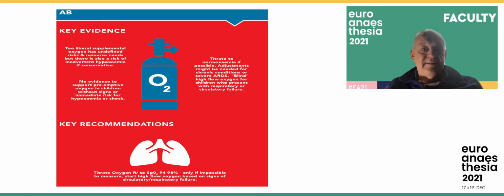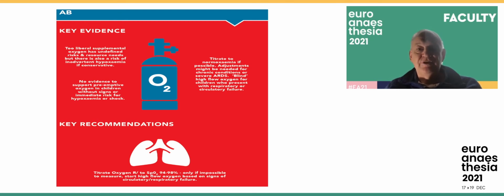The A and B then, the airway and breathing. Liberal oxygen may give hyperoxemia, which can be related to, for example, free radicals and even affect neurological function later on. There's no evidence to give preemptive oxygen without signs of risk for hypoxemia or shock.